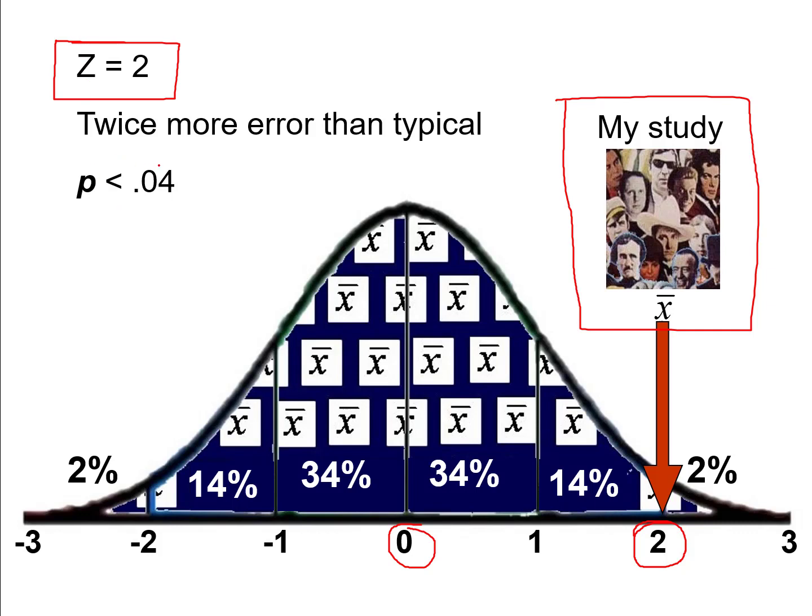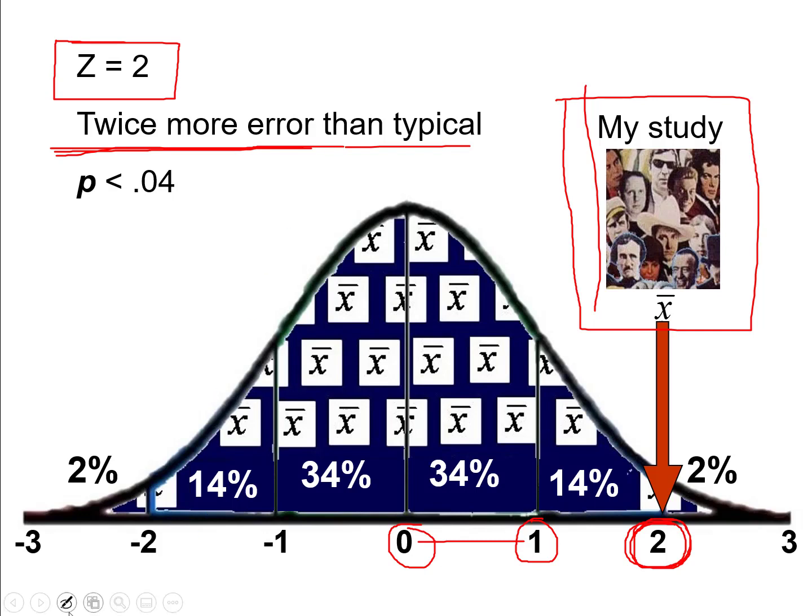This would mean that this study made twice more error than is typical. So 1 standard error is the typical amount of error. That's how far sample means typically deviate from the true population parameter. And so if a study was just 1 standard error higher than the true population parameter, then that study would make the typical amount of error. This study, my study here, is 2 standard errors away from that true population parameter, which means that study made twice more error than is typical.